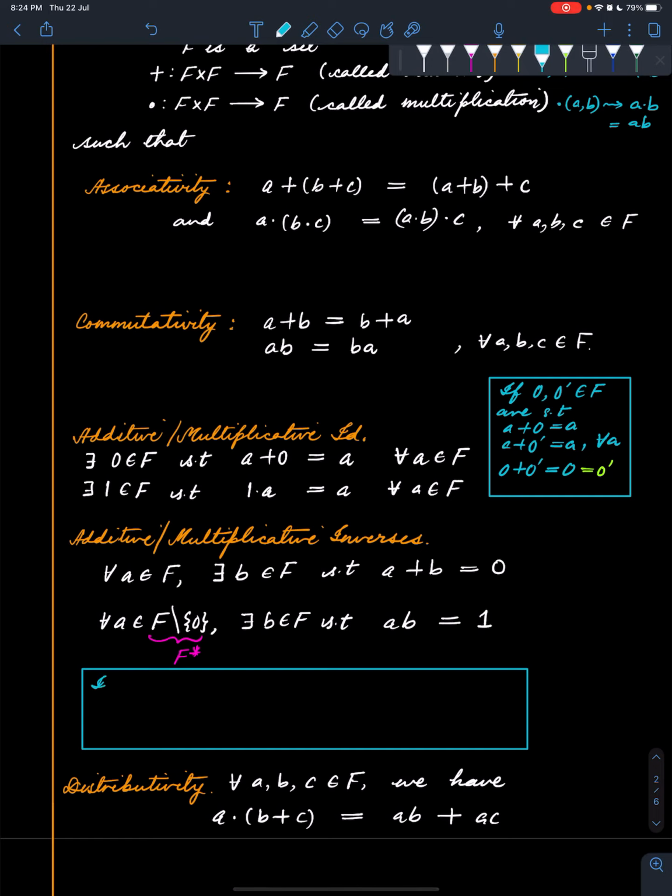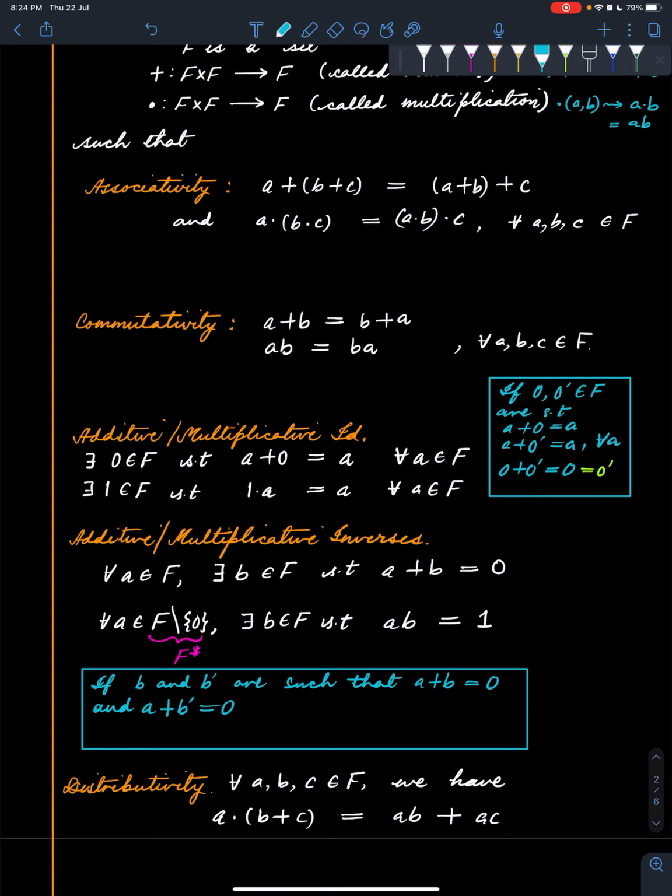If B and B prime are such that A plus B equals 0 and A plus B prime equals 0, then we want to say that B equals B prime.